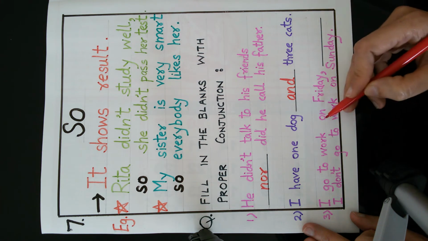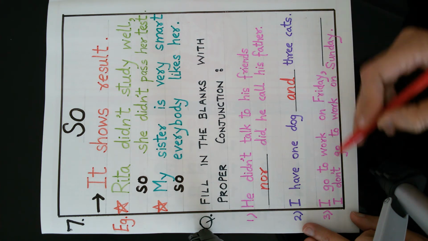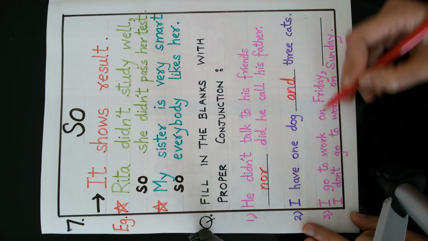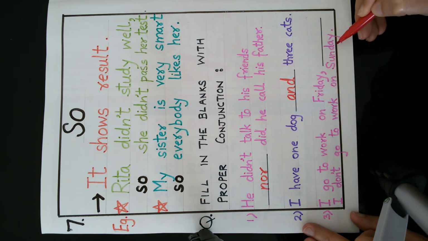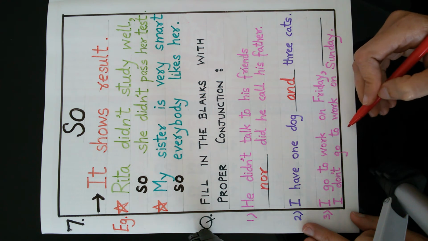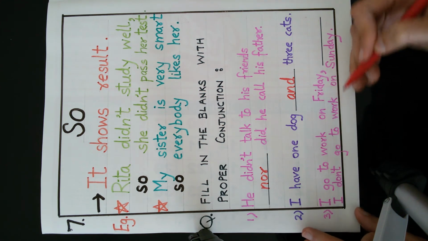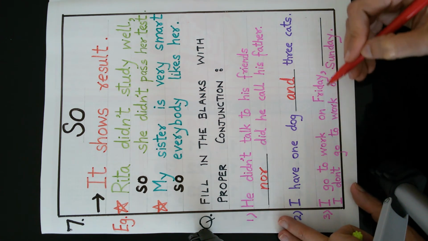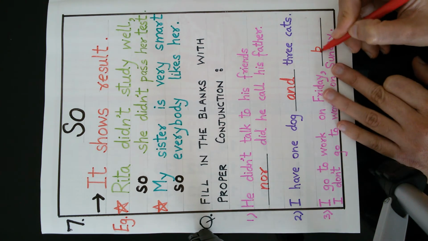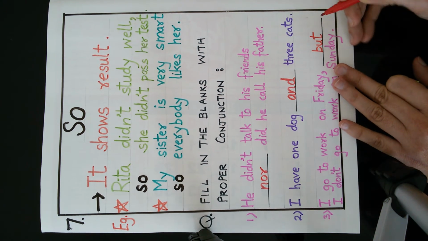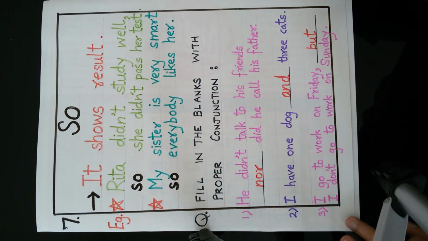Now here we have 2 opposite ideas. The first one is positive, I go to work on Friday. Next is negative, I don't go to work on Sunday. When we have 2 opposite ideas, we use the word but. I go to work on Friday, but I don't go to work on Sunday.